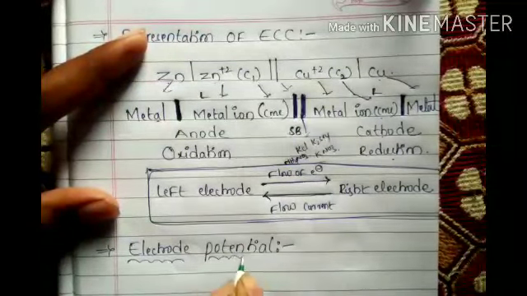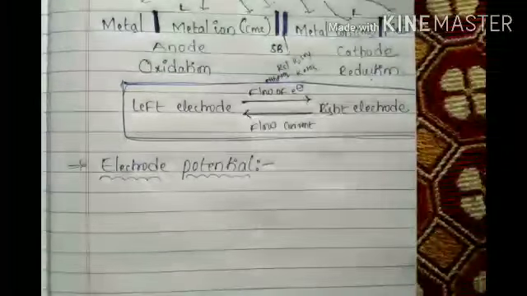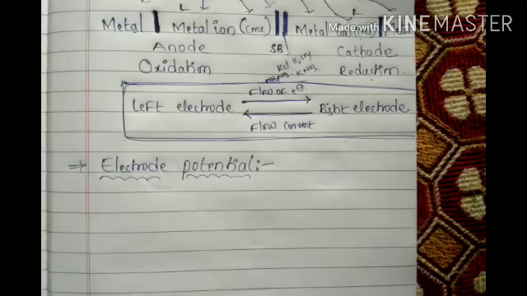Now a metal rod, simply we can call it a metal rod. Understood the concept of electrode potential?